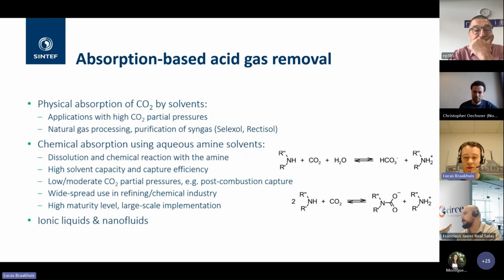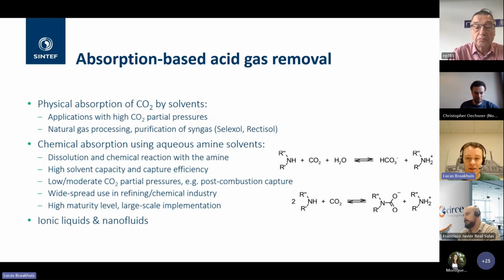So this is also why these type of solvents are typically used when there's lower pressures, lower CO2 partial pressures. For example, during post-combustion capture, where the pressure of the flue gas is typically around atmospheric pressure. So these types of amine solvents and their processes have widespread use in the refining and the chemical industry.